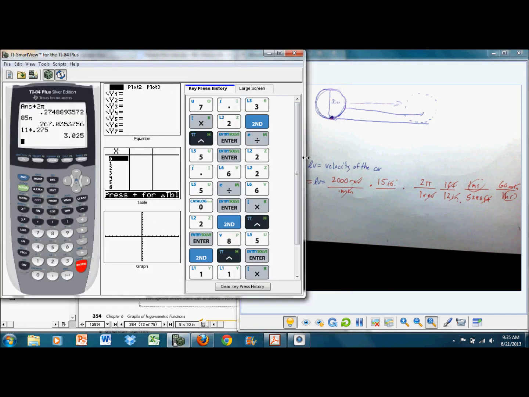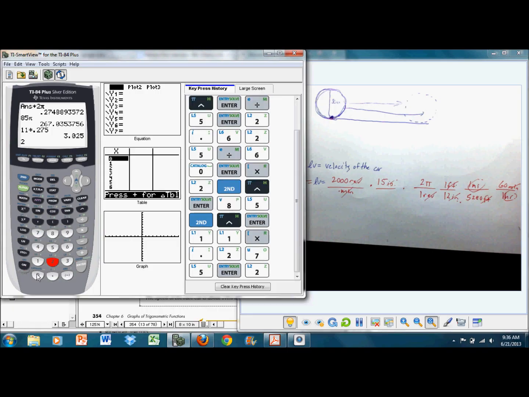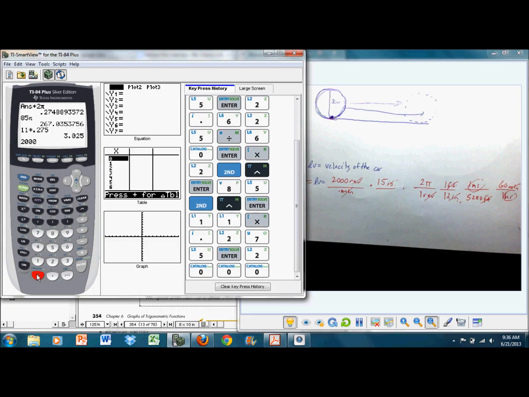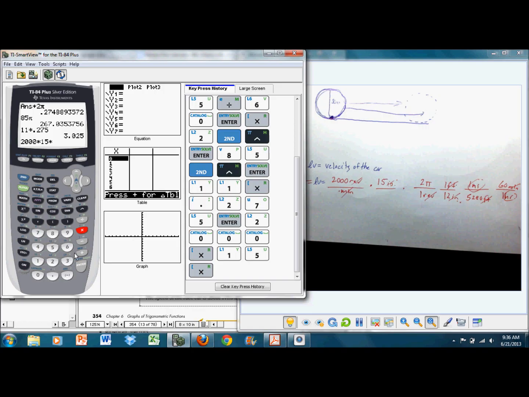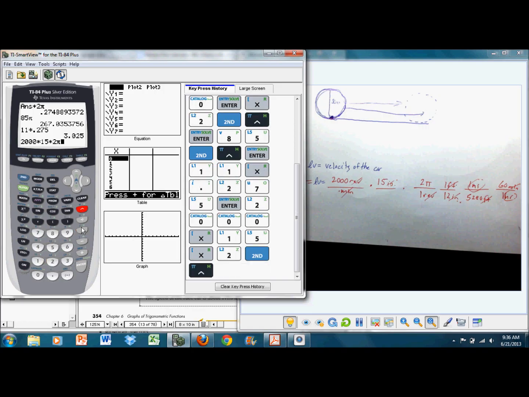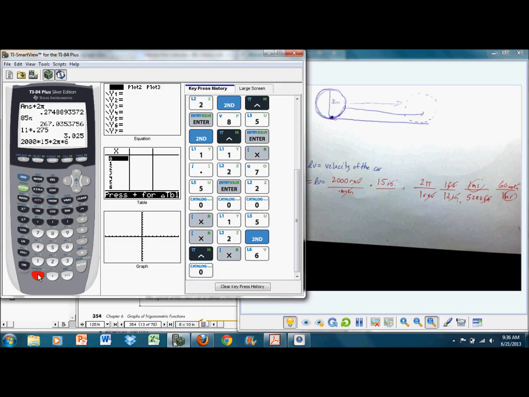Computation is going to equal, all right, 2,000. I like to multiply everything on top first, times 15 times 2 pi times 1 times 1 times 60. Okay, enter.